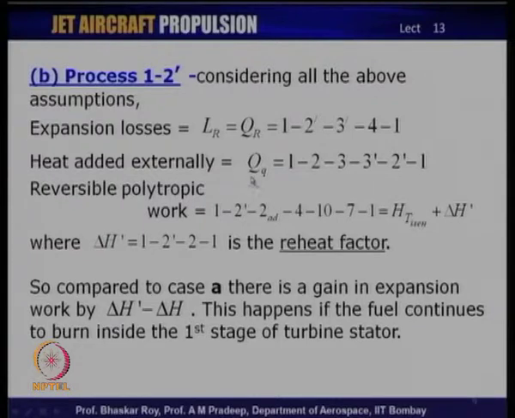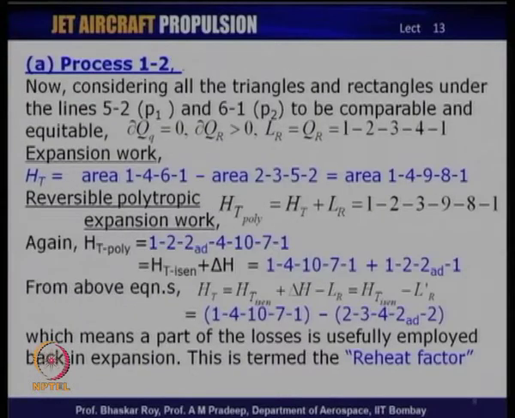And the heat being added externally is 1 2 3 3 prime 2 prime 1. This is the heat that is being added externally, in the process 1 2 prime, in which heat is being added externally.